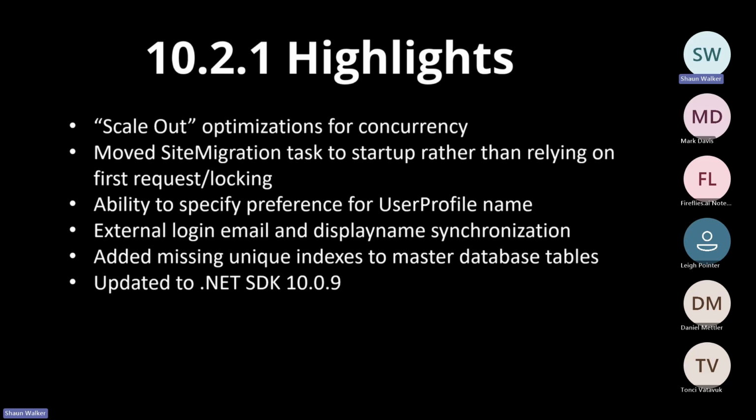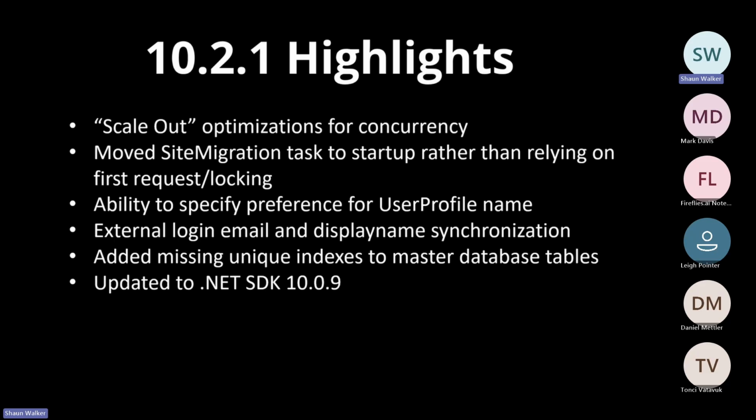But in the cases where claims are passed that have an email or a display name, the system will now automatically synchronize the values with the Octane system. This is generally because when you have an integration such as this, your user account details are often maintained externally. So if someone changes their email address in the remote system, they would probably like that email change to be reflected automatically in the Octane system as well. And so that capability has been added.